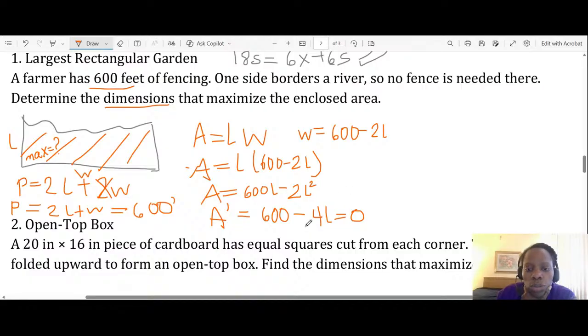So we can move the 4L to the other side, divide by 4. That gives us 150. 150 times 4 is going to give us 600. So we know that L is equal to 150.